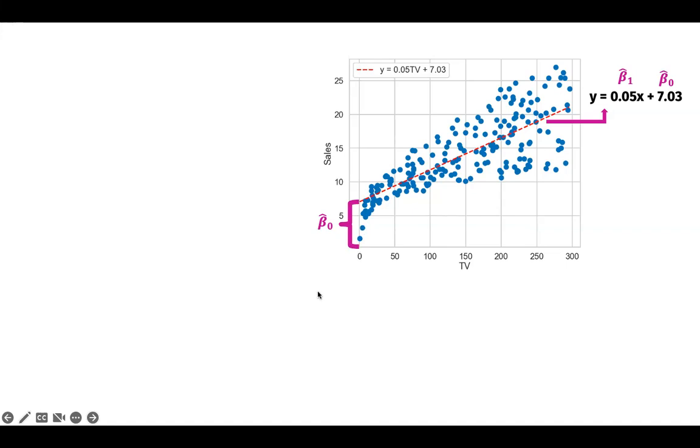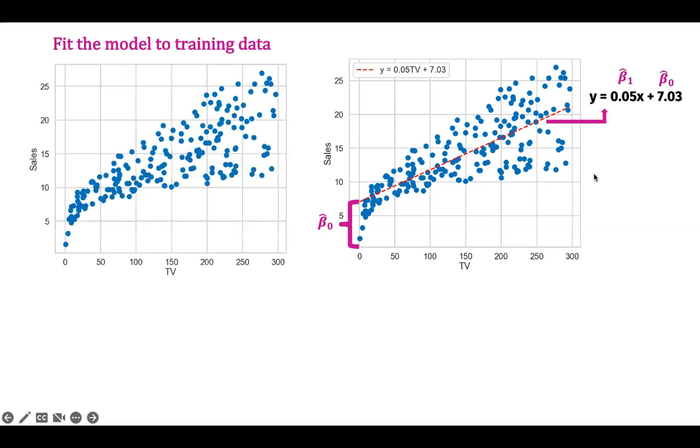If there were no beta naught, this line would be here, in a much lower position. Suppose we have this fit, and this fit was found using the estimated beta 1 and beta naught.